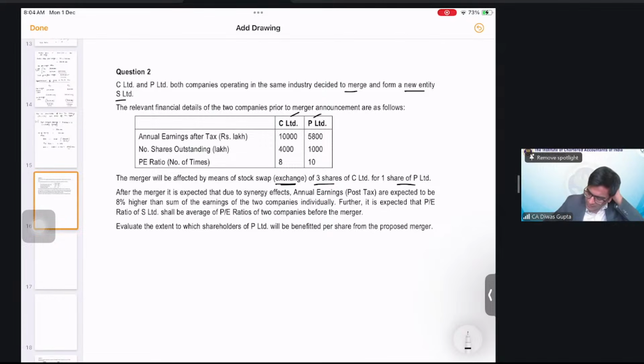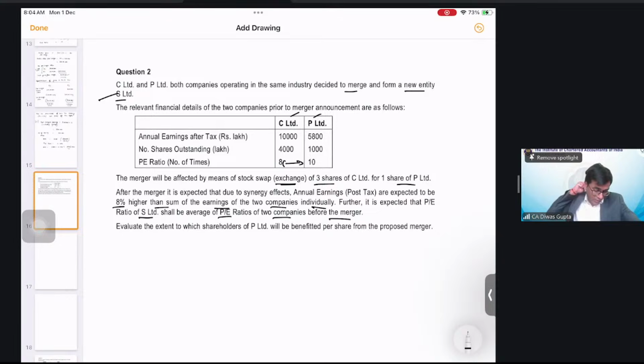After the merger, it is expected that due to synergy effects, annual post-tax earnings will be 8% higher than the sum of the earnings of the two companies individually, which is fine. Further, it is expected that the P/E ratio of S Limited, the new company, shall be the average of the P/E ratios of the two companies before their merger, which is 8 and 10 put together. Their average will be the P/E ratio of S Limited, students.